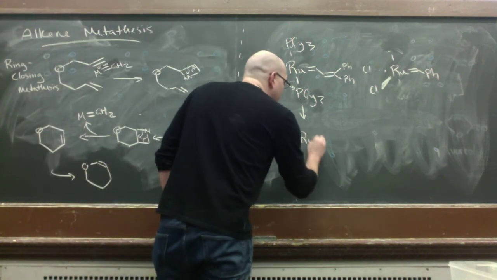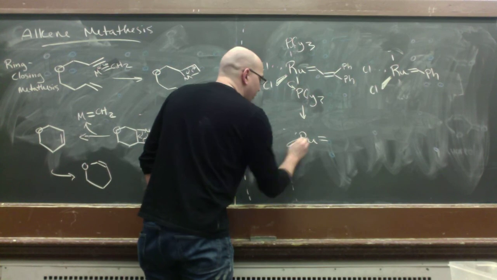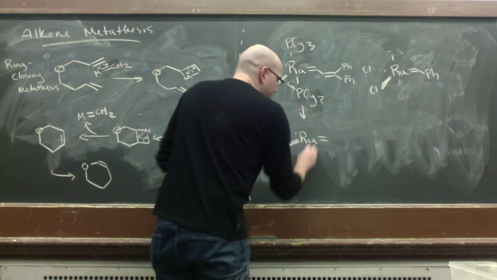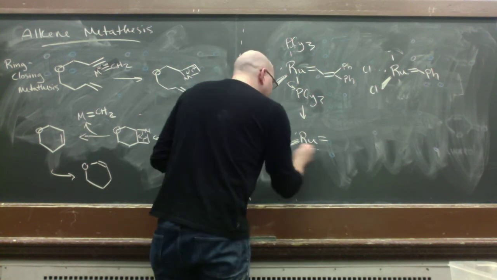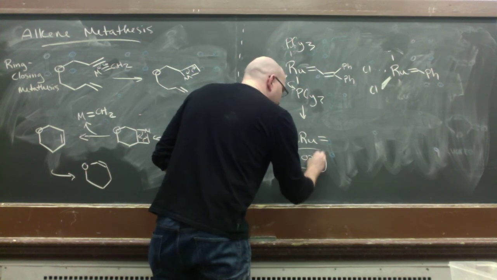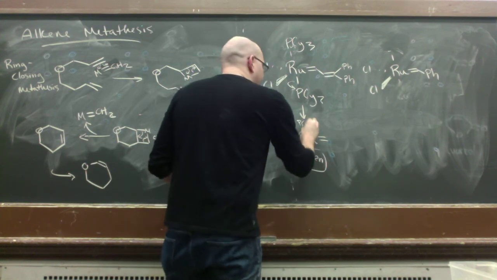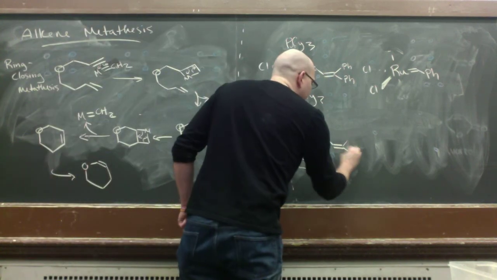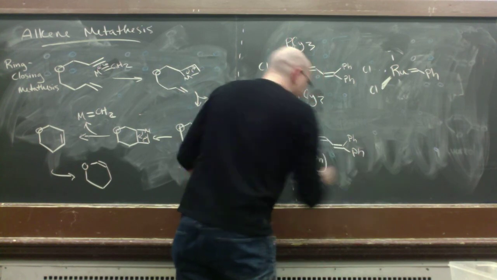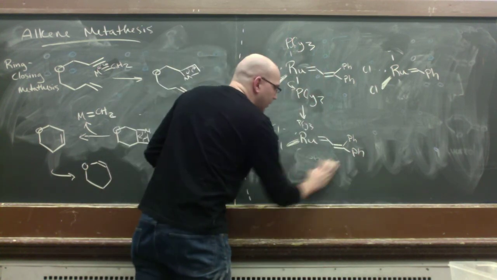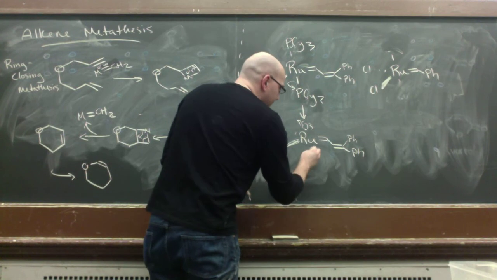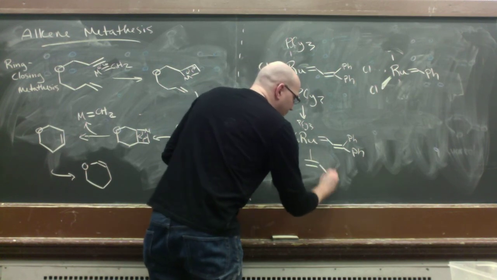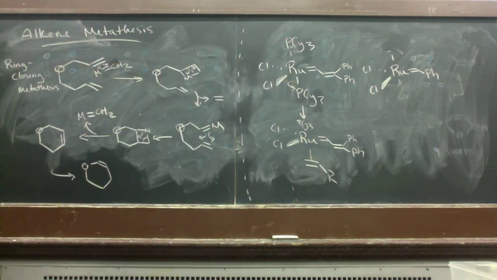And so what you can do, and I'll drop some of the other things here, is create an open site down here, PCy3. And now the new alkene can come in. You have this open site down there, the new alkene can come in and bind, like we saw previously, and then go through that 2+2 retro 2+2 process, eventually getting back to the point.